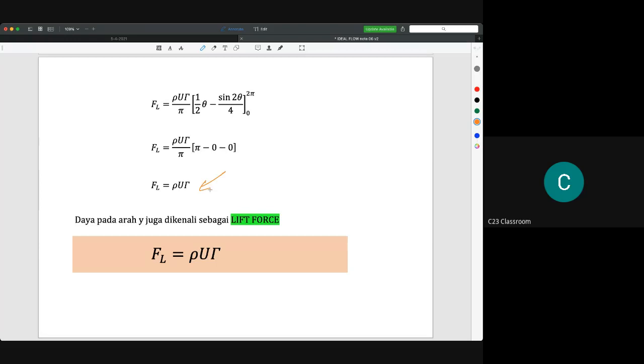Ini dikenali sebagai lift force, kerana total daya yang bertindak adalah daripada bawah ke atas. Oleh itu dia mampu untuk mengangkat sesuatu objek. Rumus yang awak kena ingat di akhir teori ini ialah FL equal to rho U gamma.